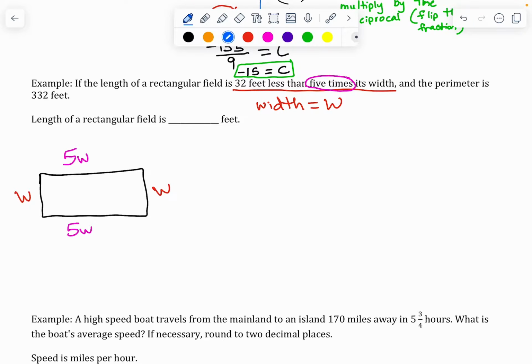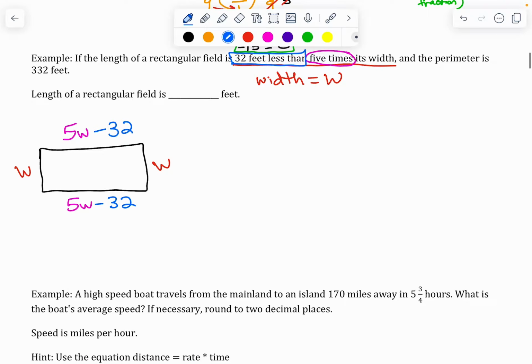And then we need to do 32 feet less than that, which means we're going to take away 32. So that gives us all of the sides of the rectangle.